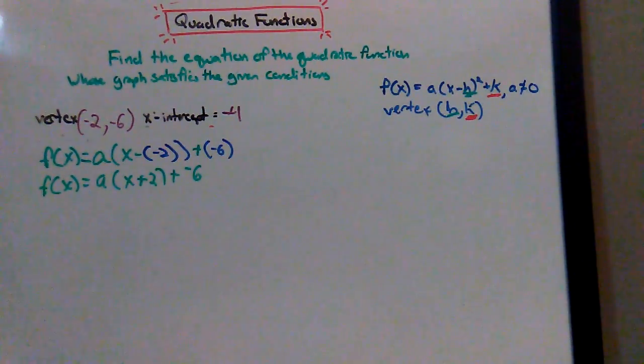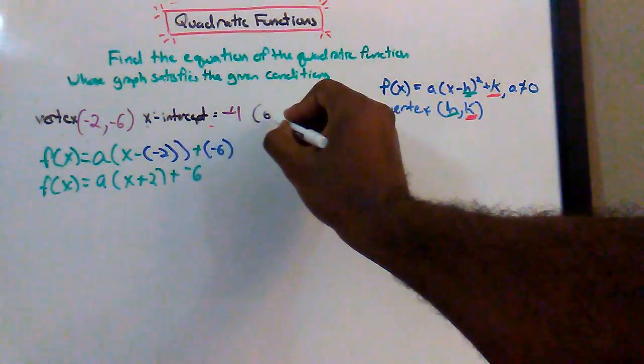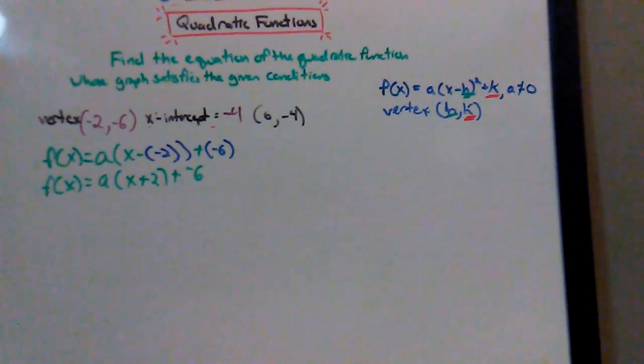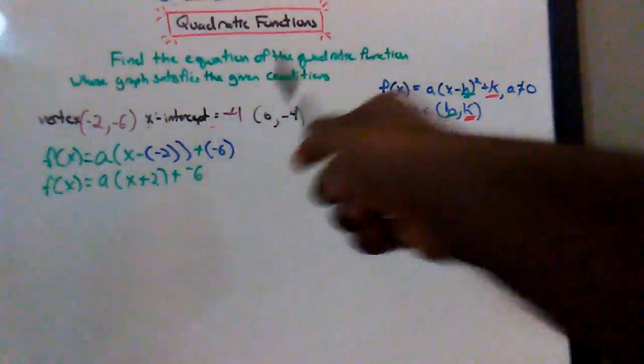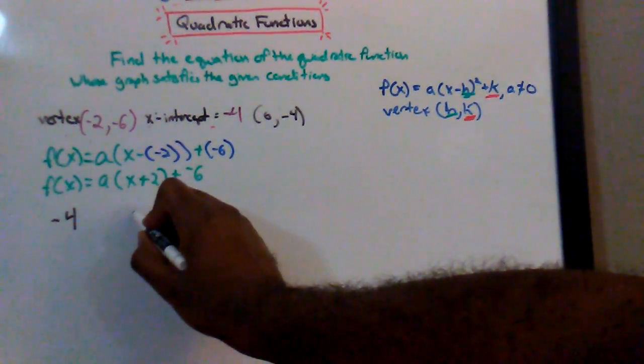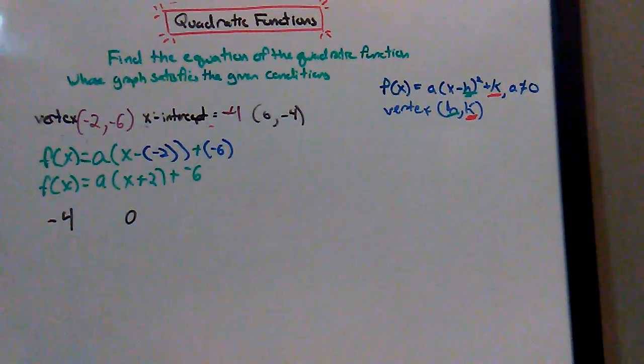So continuing, we know the x-intercept is -4, so that is a point on the graph, and that translates to (-4, 0). Okay. And so what is the y value here? 0. What's the x value? -4. Okay. And we're going to solve for a.